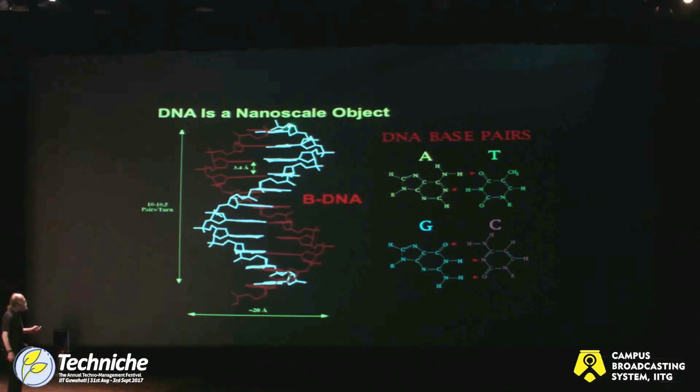It's also useful to remember that the 2 strands of the double helix actually point in opposite directions. If you look at this pentagon, it's pointing down, but the one across the way is pointing up. So they're anti-parallel, not parallel to each other.